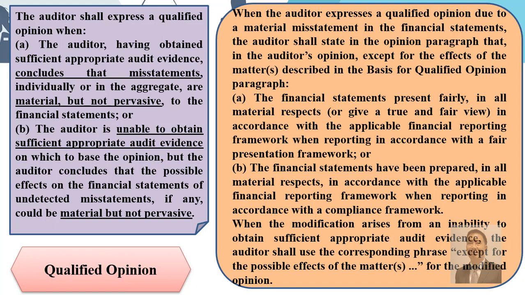Which means aside from this one, everything will be fine, materially okay. But only on this particular portion are they qualifying their opinion. So that's why sometimes the qualified opinion is called an "except for" opinion.